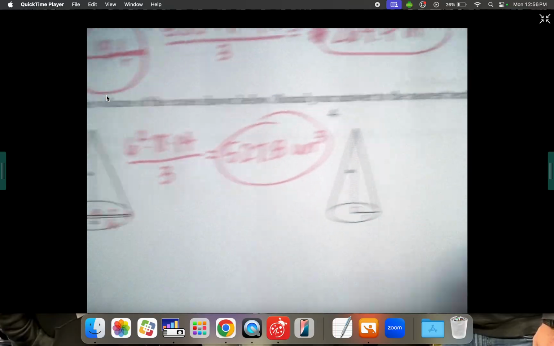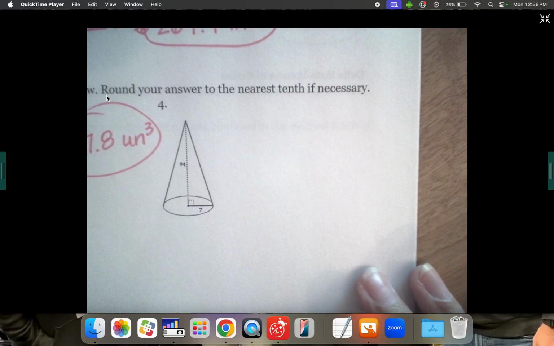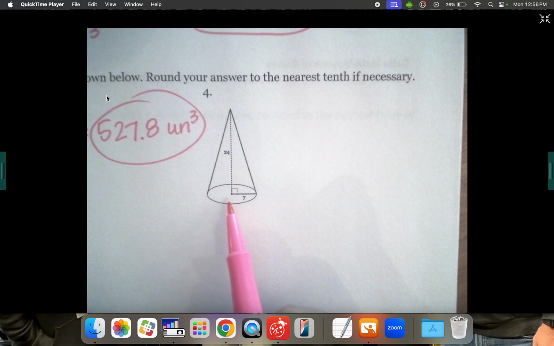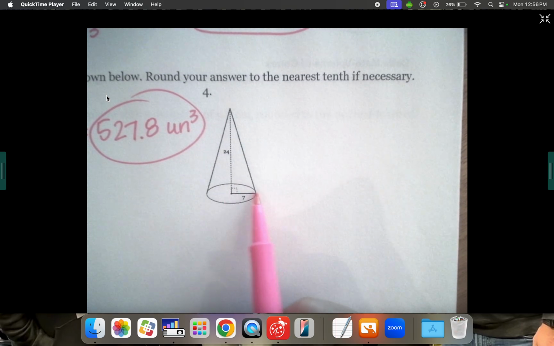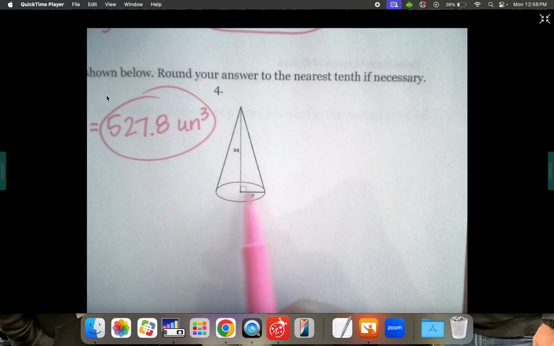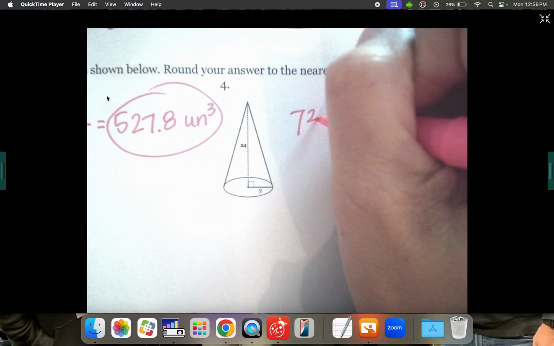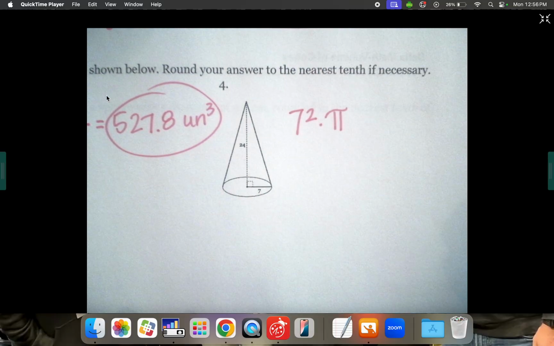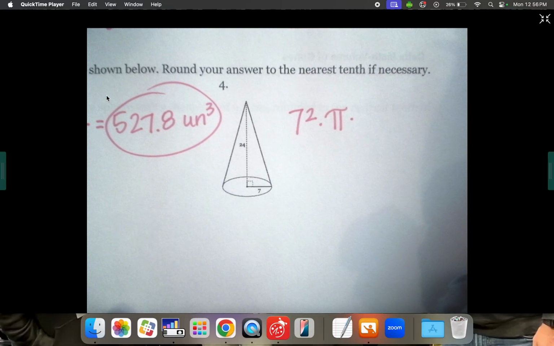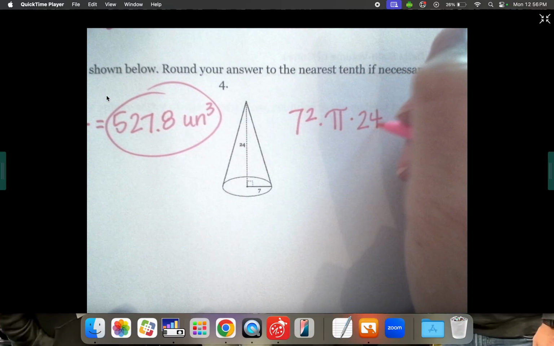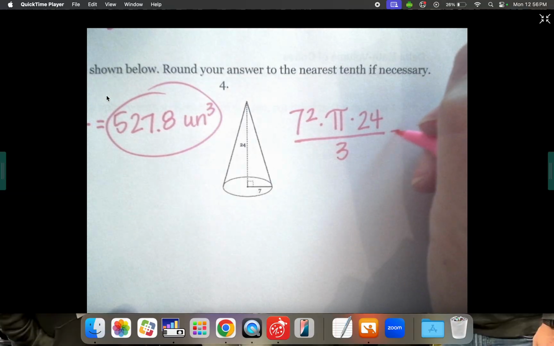Okay, last one of these that I'm going to do with you, and then I'd like for you to try some on your own. This one, yay, it gives us the radius, and that's what we need. So we don't have to start by dividing it in half. We're just going to use the 7 because that is the radius. So 7 squared times pi times the height, which is 24, and then divided by 3.